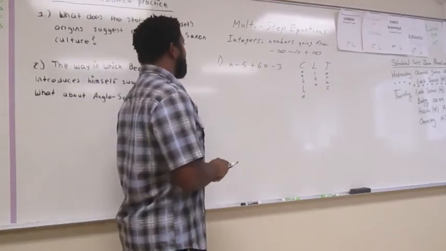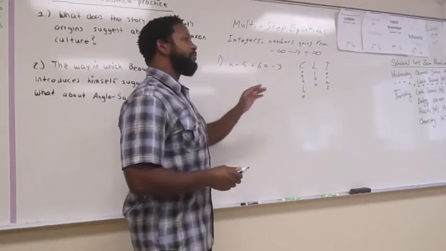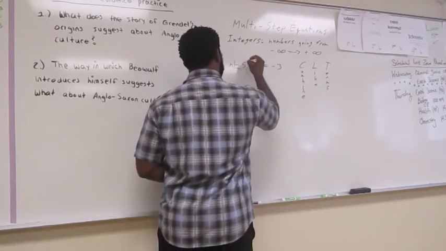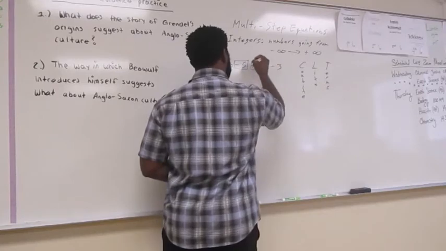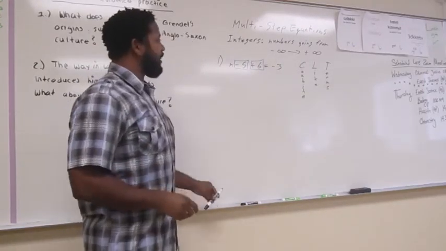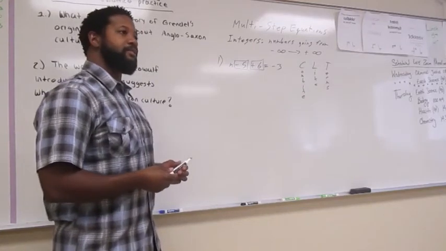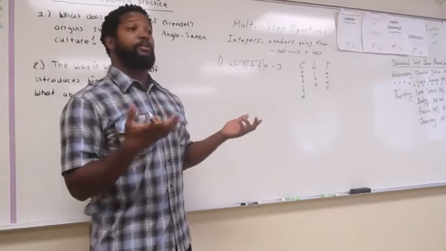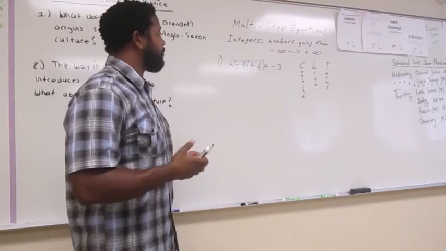And what are our like terms right here? Negative 5 and positive 6. Good job. We have this negative 5 and this positive 6 on the same side of the equal sign. You only do combining like terms when your terms are on the same side of the equal sign.